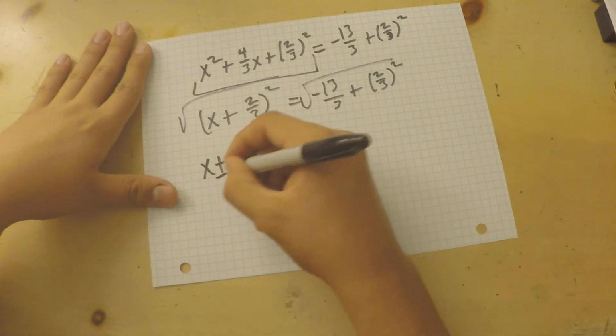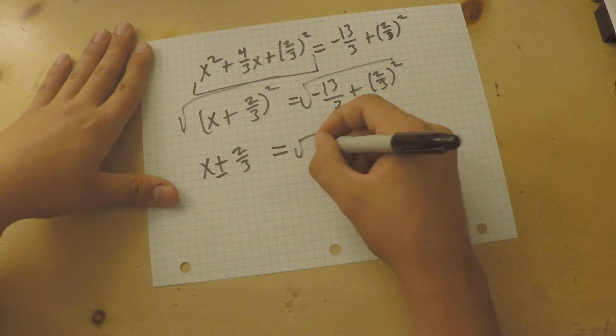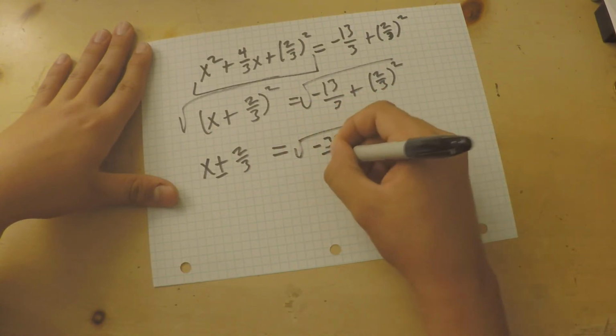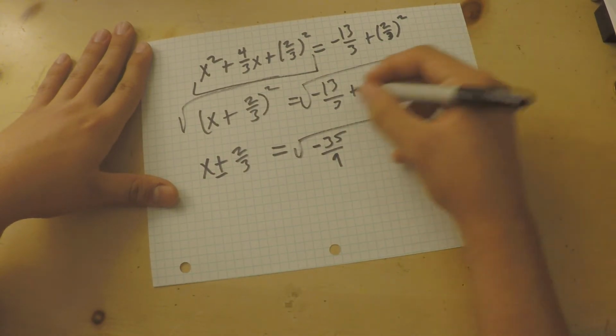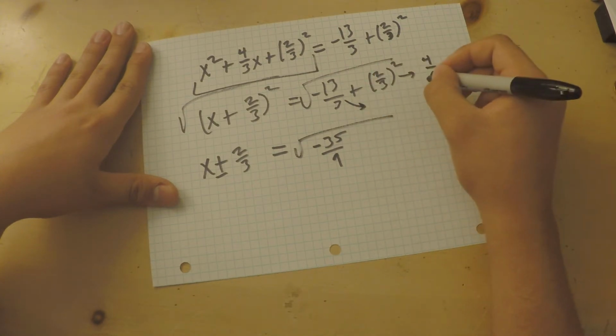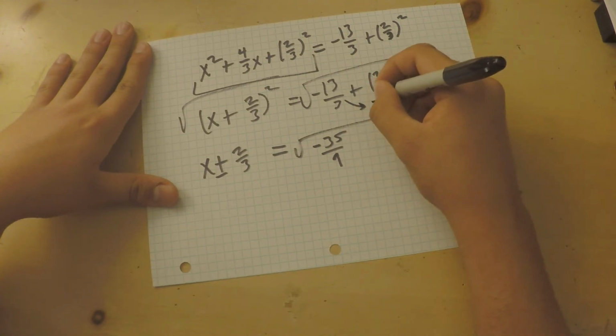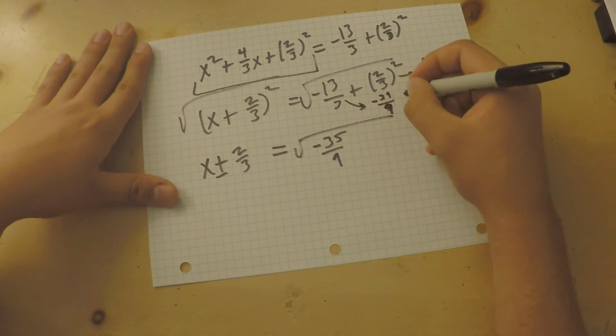X plus or minus 2 over 3 equals the square root of negative 35 over 9, because 4 over 9 is that value. Then to create common denominators, we must make this into negative 39 over 9, pardon me.